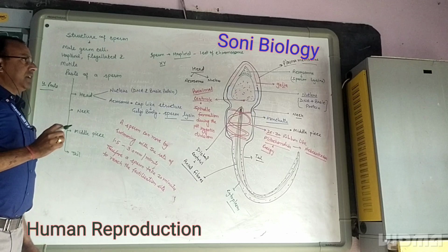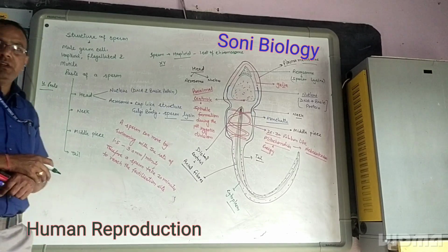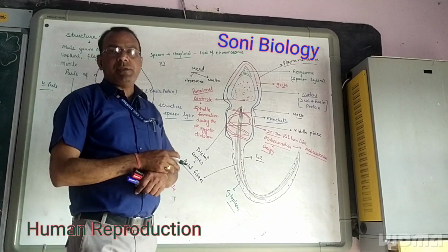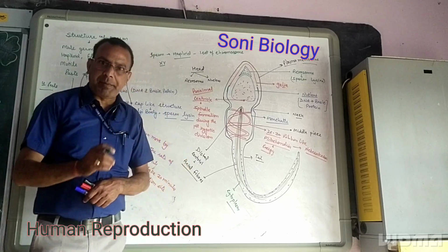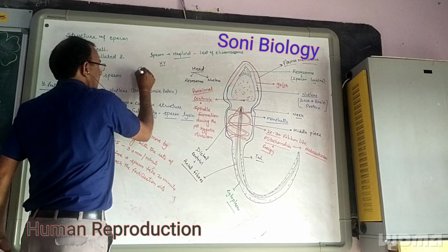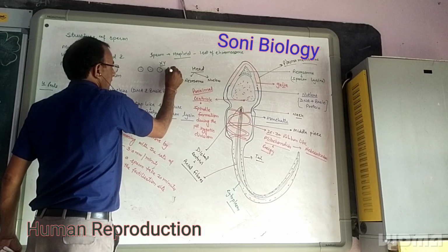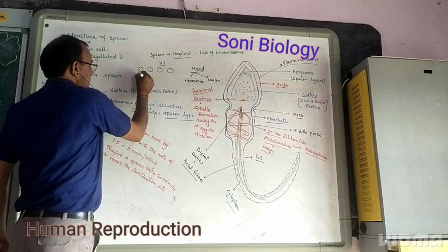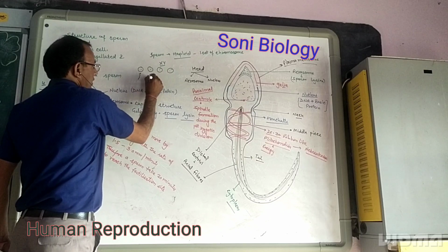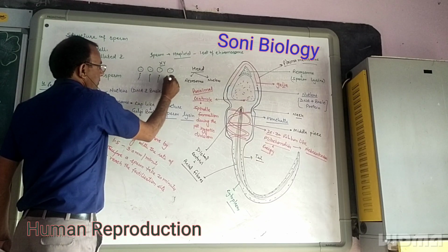As we have already studied spermiogenesis, it is the formation of motile sperm from non-motile spermatid. These are the spermatids, as we discussed in the previous part, and from this spermatid a motile sperm is produced.